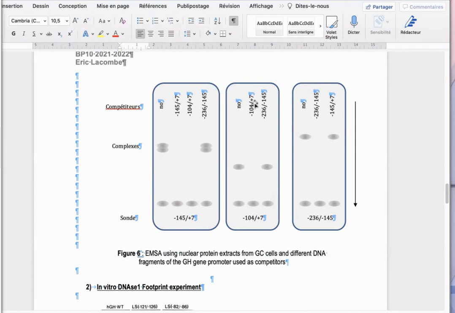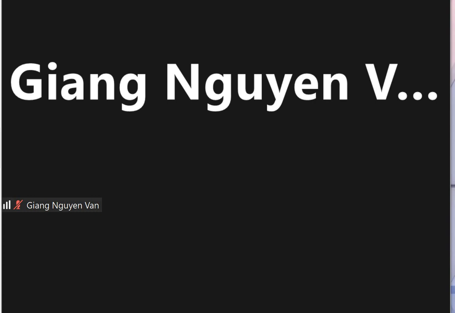And on the top, the numbers are the fragments that are used as a competitor. Okay? So we're going to analyze this gel first. Okay? Do you agree? Is it fine for you? Yes. Okay, so I share back my whiteboard.